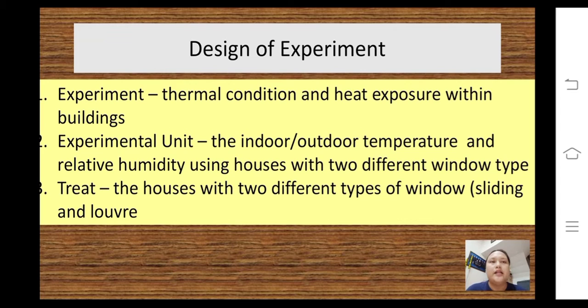Here is the design of experiment. The experiment is thermal condition and heat exposure within building. For the experimental unit, the indoor and outdoor temperature and relative humidity using houses with two window types. The treatment is the houses with two different types of window, which is sliding and louvre.